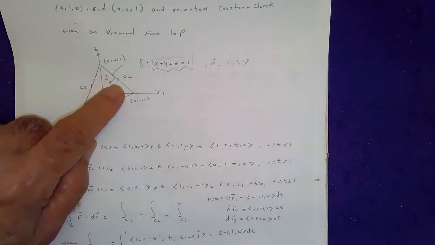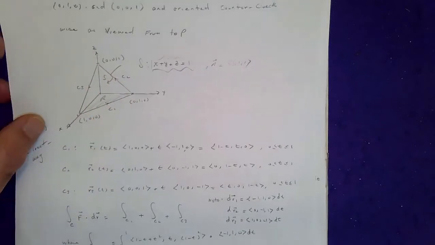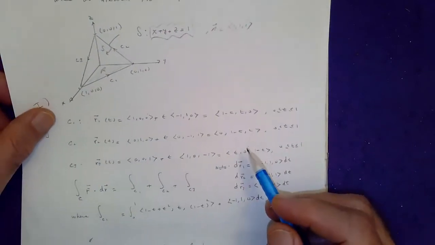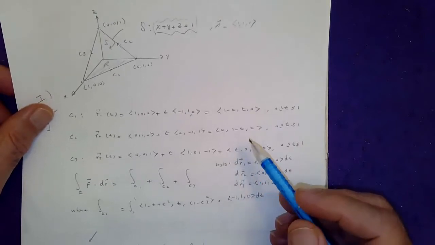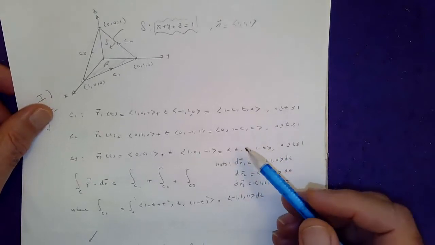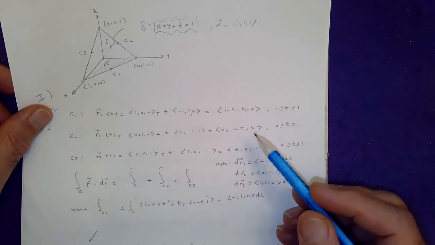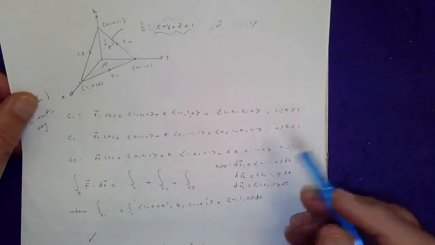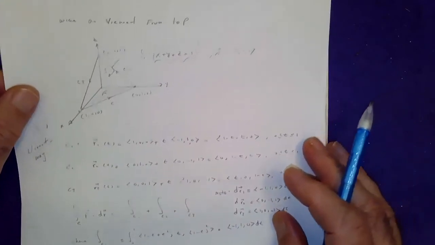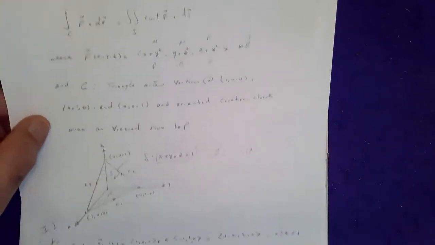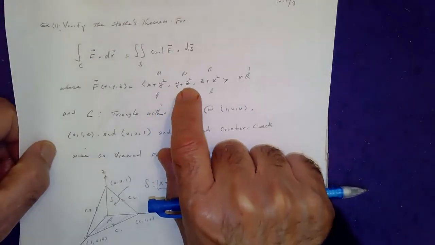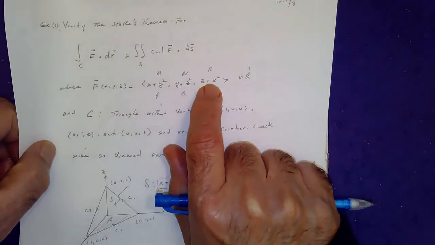Because we're dealing with line segments. Please refer to chapter 12, section 5, or one of those sections when we talked about equations, the parametric equations of a line in R3. Now for each curve, I have to express this vector field in terms of t.